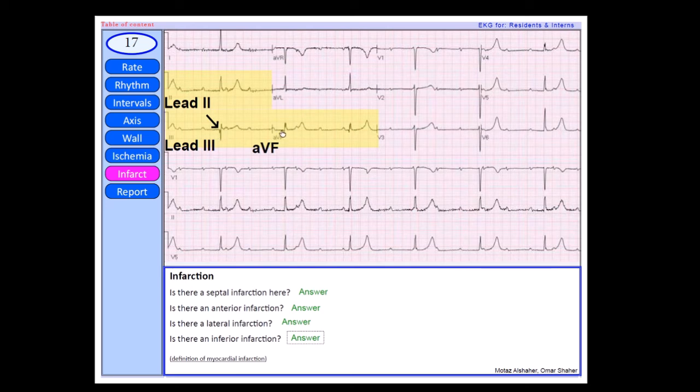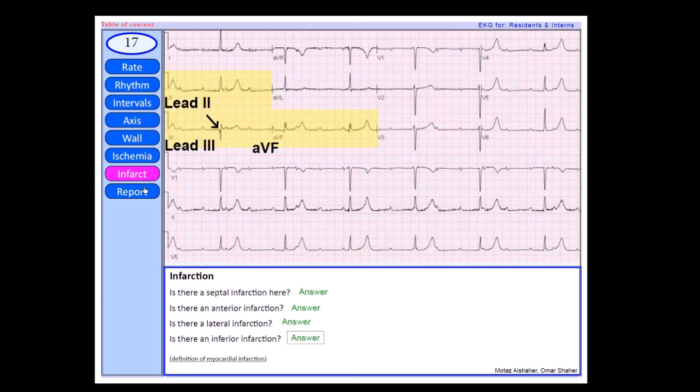And there is also a small Q wave in aVF. Now, there are no Q waves in lead 2. This could be a normal pattern, but also it can be abnormal. So we interpret this as possible inferior infarction, age undetermined.